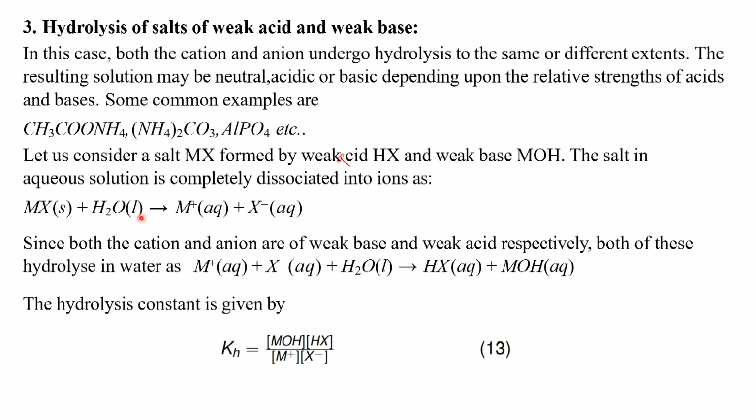So MX plus H2O gives M+ plus X-. Since both the cation and anion are of a weak base and weak acid respectively, both of these hydrolyze in water. So M+ plus X- plus H2O gives HX plus MOH. So the hydrolysis constant Kh is concentration of MOH times concentration of HX by concentration of M+ times concentration of X-.